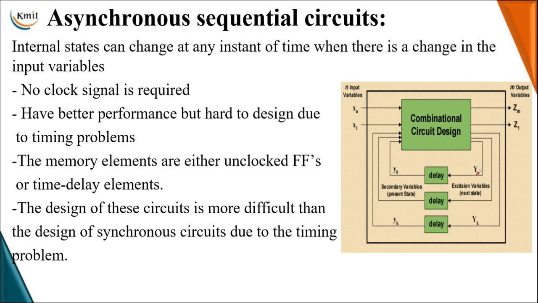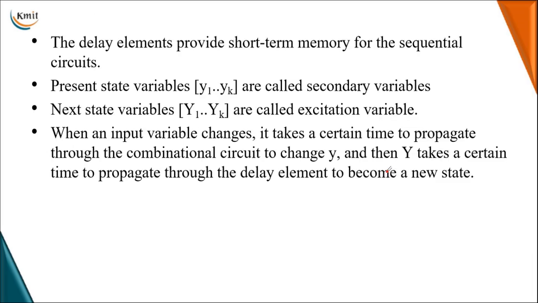The next states act like present states when they move toward the feedback, and they take some time interval. These time delay elements are used as memory elements for storing the present states, providing short-term memory for asynchronous sequential circuits.